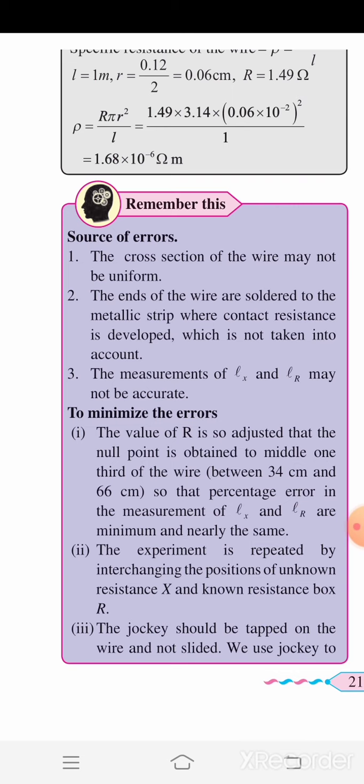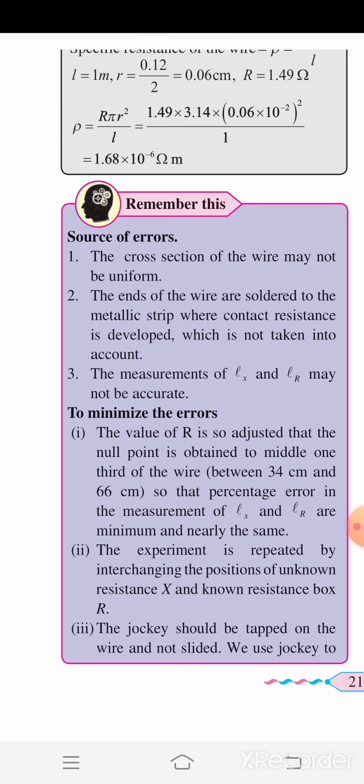At the ends of this wire, contact resistances are developed, and this contact resistance also affects the flow of electric current in Wheatstone's meter bridge, but this resistance is not taken into account in the measurement of unknown resistance X. That's why error is produced in the measurement of unknown resistance.